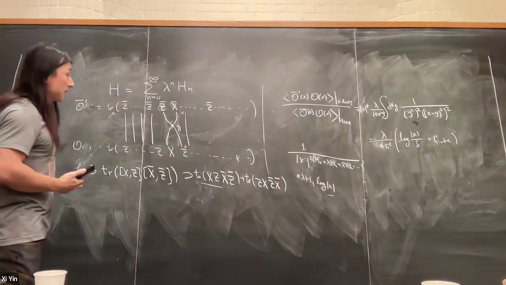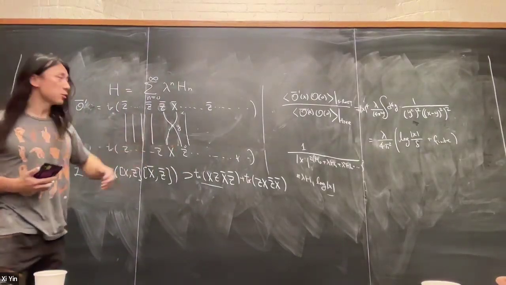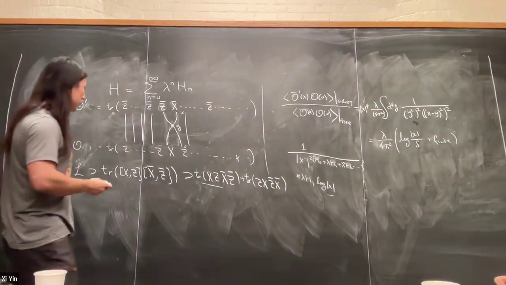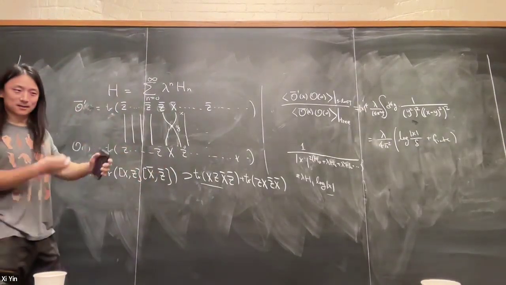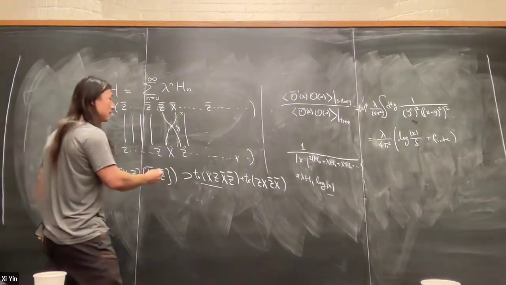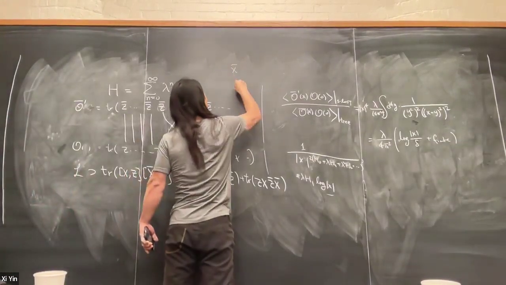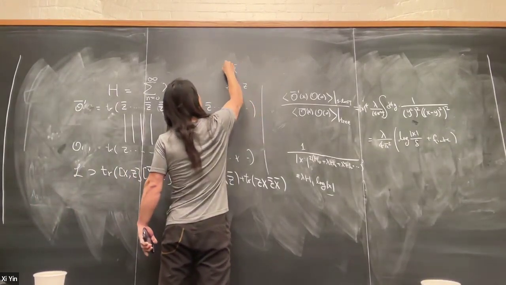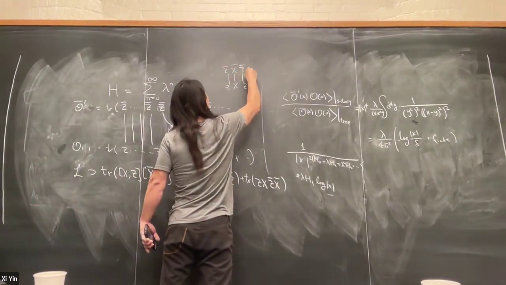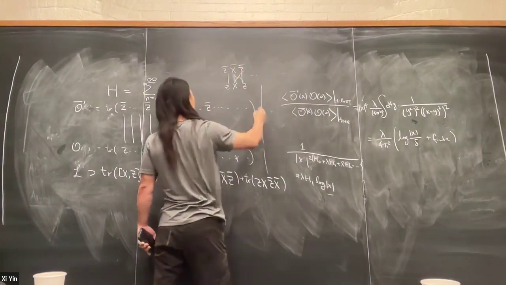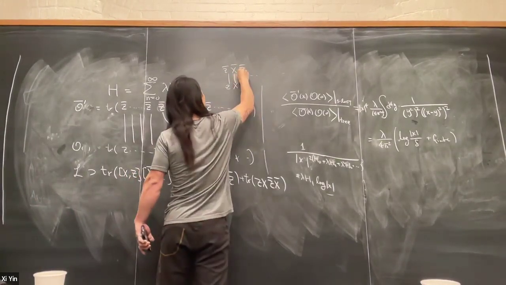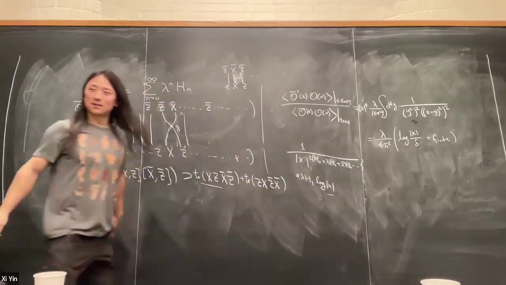Now, you might say that in order to get the full expression for h1, I also need to look at the case where this x does not move. It stays on the same side. Right? So you have the situation where you have x bar, x, z bar. In this case, you can also have a contribution like this. But you might worry that there can be more complicated diagrams, like gauge boson exchange and all of that.